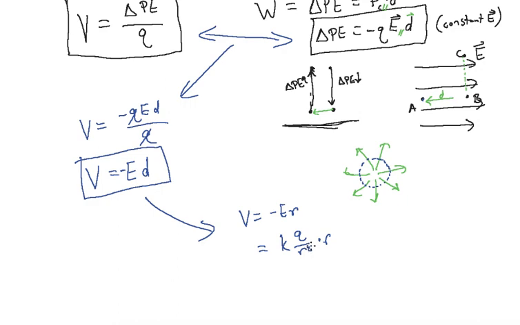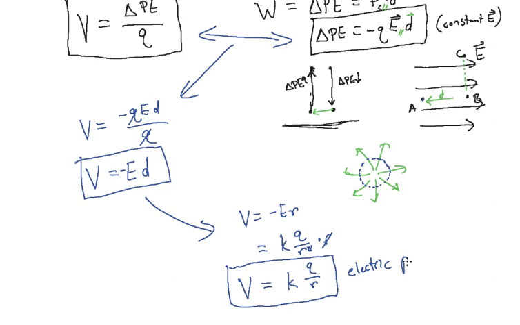And so we have R squared, R times 1 over R squared gives us that, and we'll get that V equals KQ over R. All right, and then that'll be our last little equation for this. And this is electric potential due to a point charge.